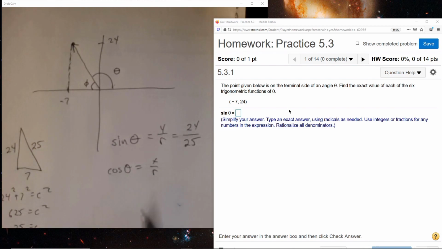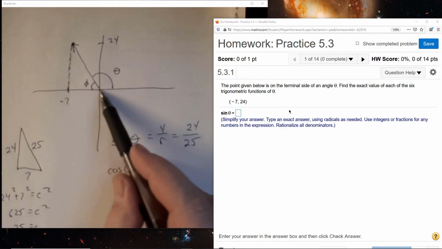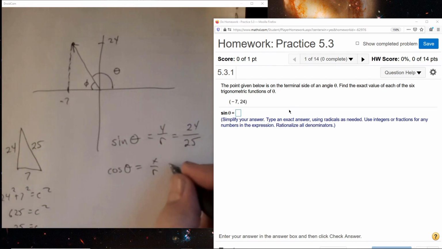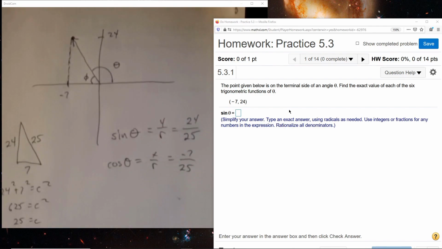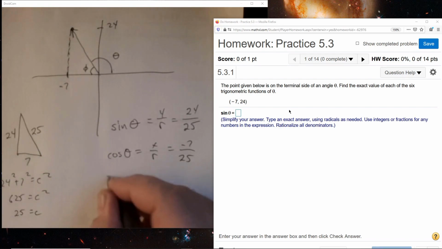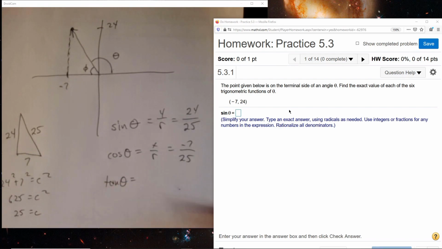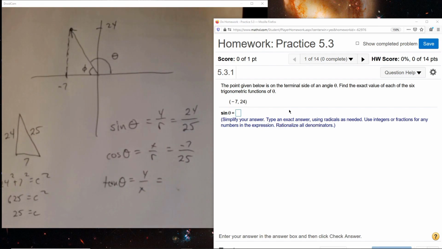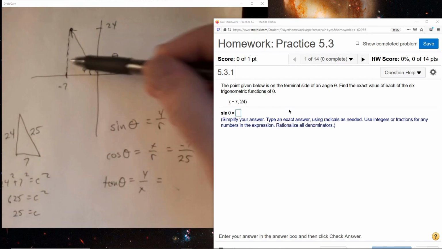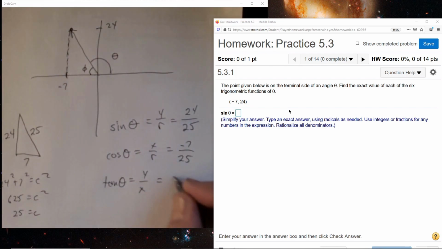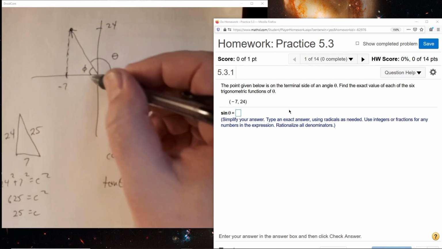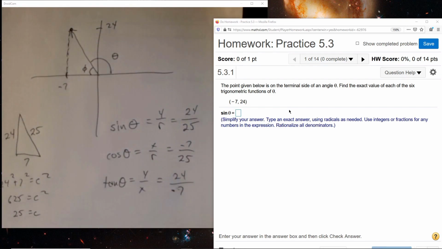Now x, remember these x's and y's always refer to the coordinate system. So in our coordinate system, x is minus 7, and the hypotenuse is 25. And for tangent, which is y over x, well, y is a positive 24, and x is a minus 7.